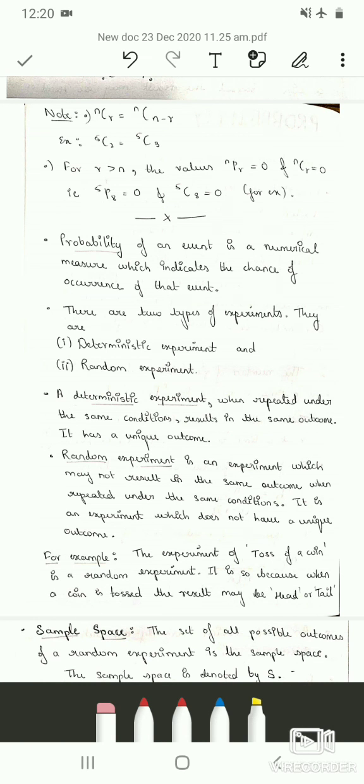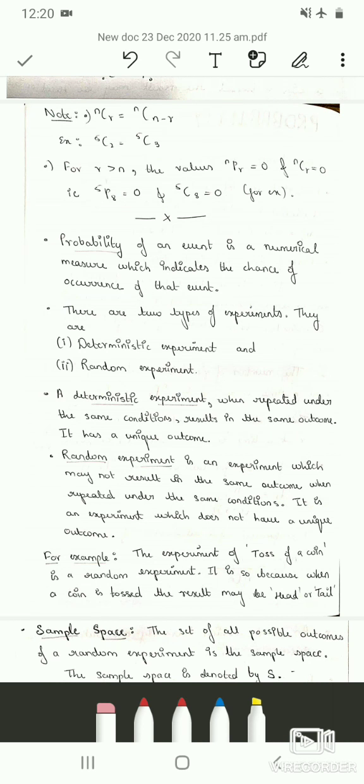For example, we can take many of the scientific research examples wherein you are verifying some of the laws. That is, you are verifying Newton's third law, or you are verifying the speed, distance and time relationship. All these have some unique outcome. So such type of experiments are called deterministic experiments.